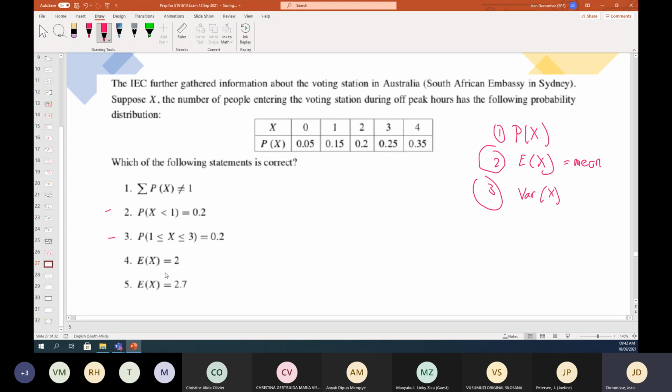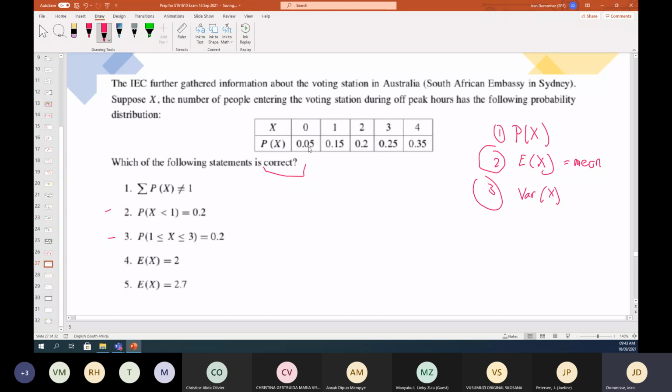Okay, so for this one, 2 probabilities that they ask us and 2 estimated values. So let's first look at a few of the questions. Which one of the following statements is correct? Remember, the sum of the probabilities needs to add to 1.